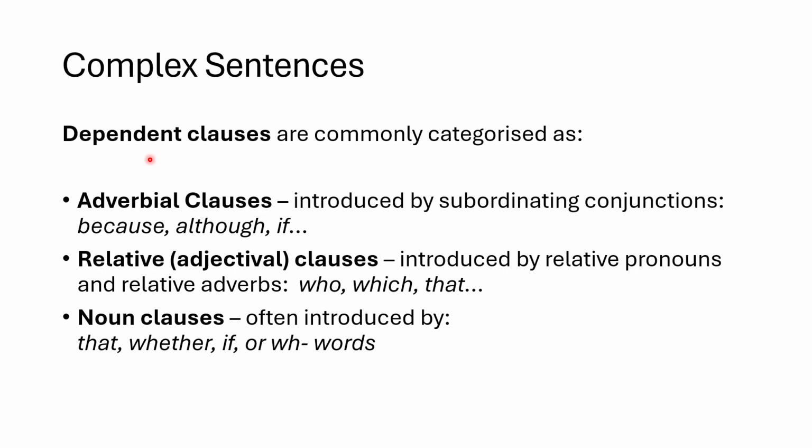Dependent clauses are commonly categorized as adverbial clauses, which are introduced by subordinating conjunctions like because, although, if; relative adjectival clauses, which are introduced by relative pronouns and relative adverbs like who, which, that; and noun clauses, often introduced by that, whether, if, or WH words.